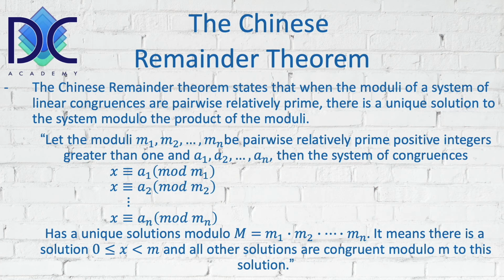It means that there is a solution x larger or equal than 0 but smaller than M, and all the other solutions are congruent modulo M to this solution. So basically, in modular mathematics, this means that we only have one solution.